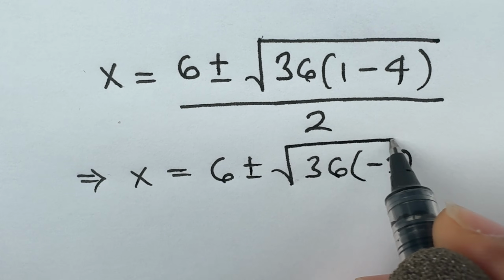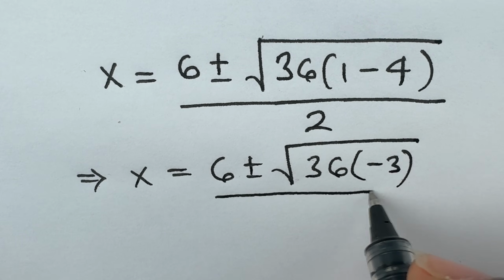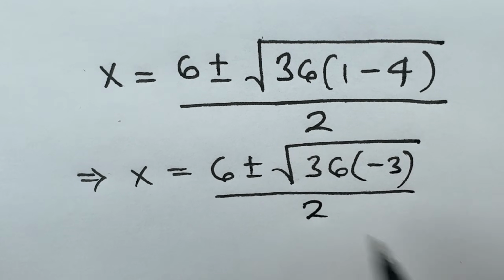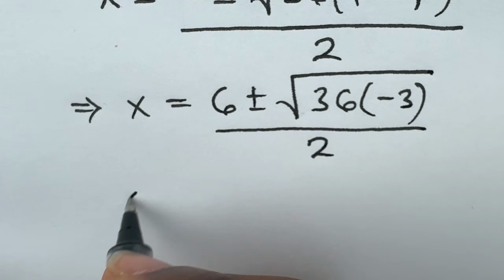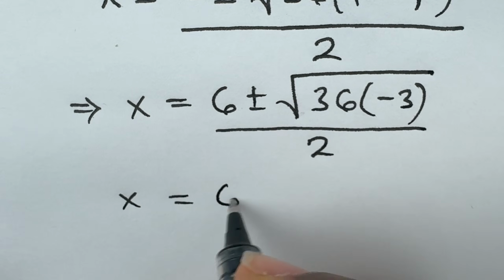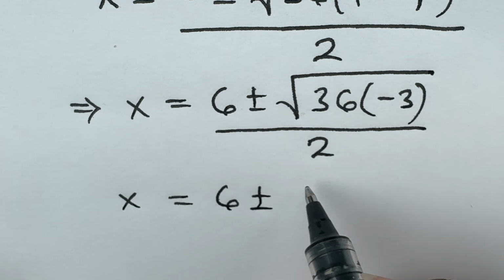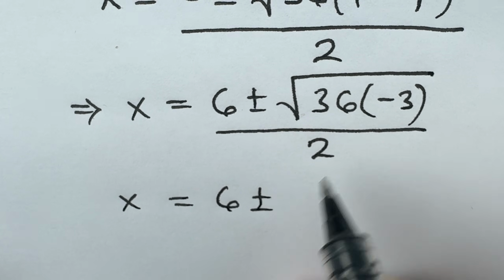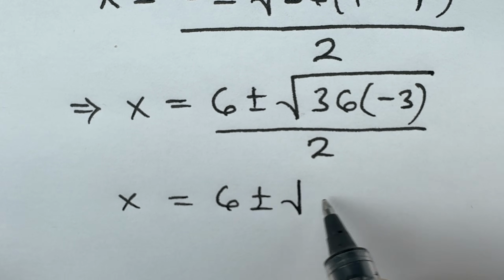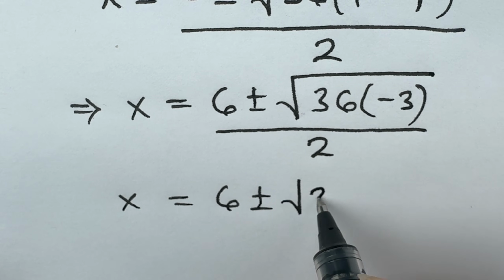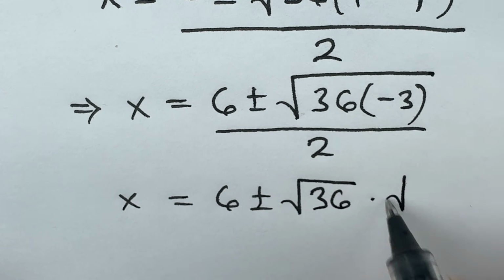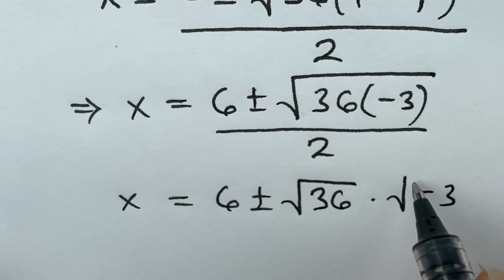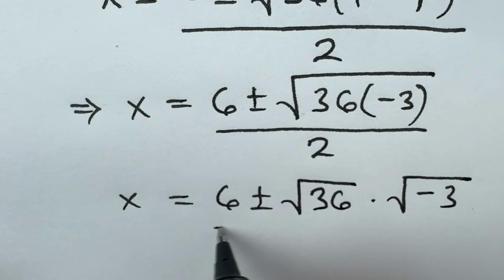Square root of that and divided by 2. So we get x is equal to 6 plus or minus. I can separate this product into two individual radicals. So we have square root of 36, then times square root of negative 3, then divided by 2.